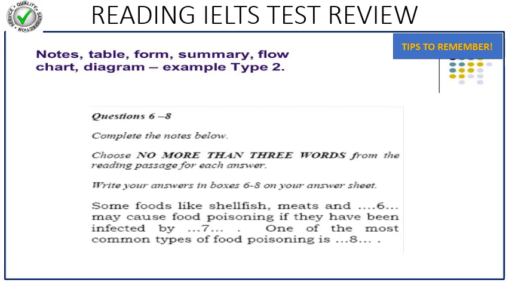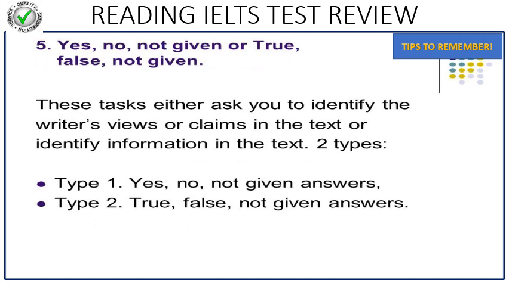19. 5. Yes, no, not given or true, false, not given. These tasks either ask you to identify the writer's views or claims in the text, or identify information in the text. 2 types. Type 1, yes, no, not given answers.